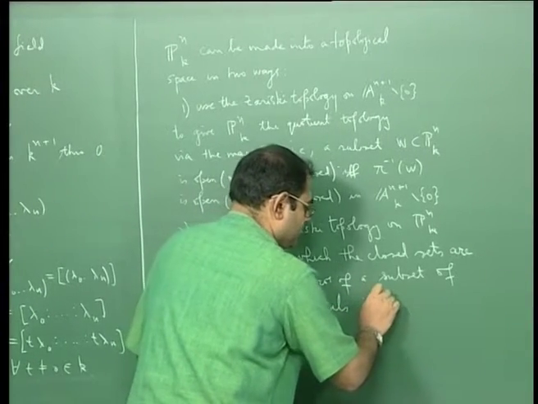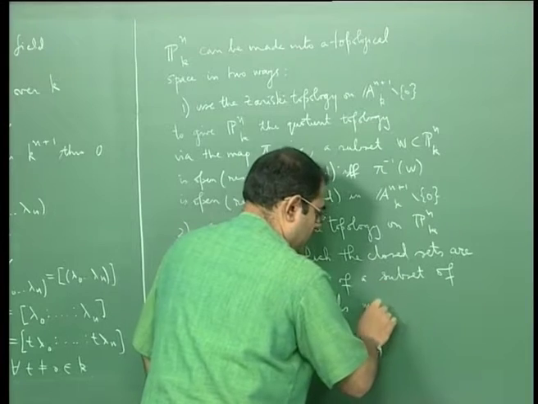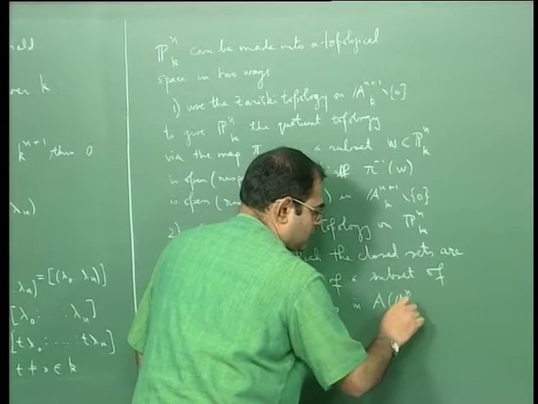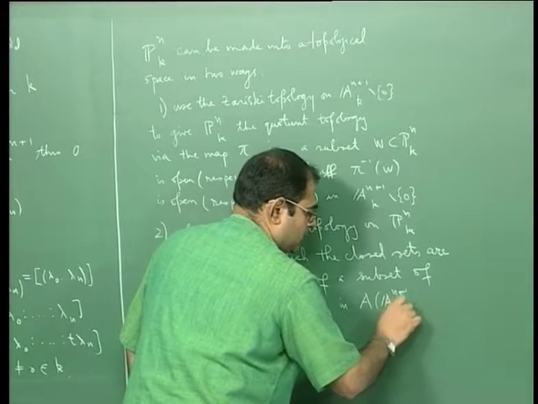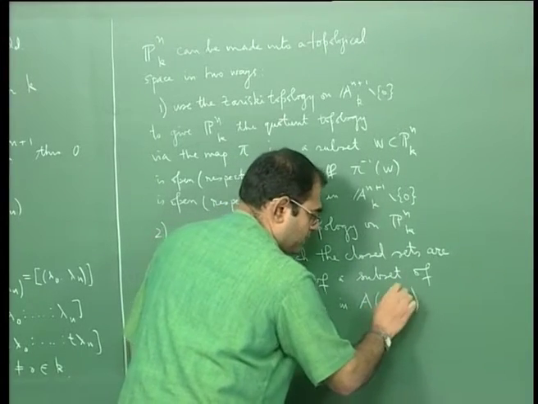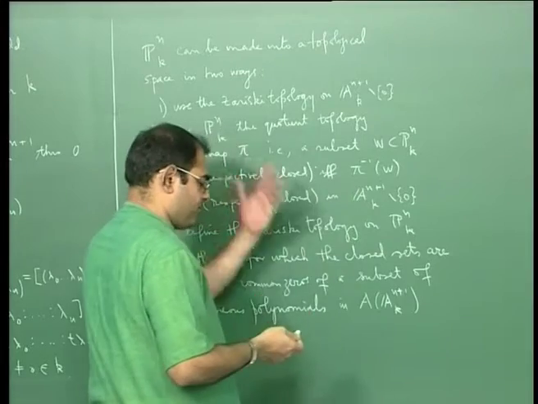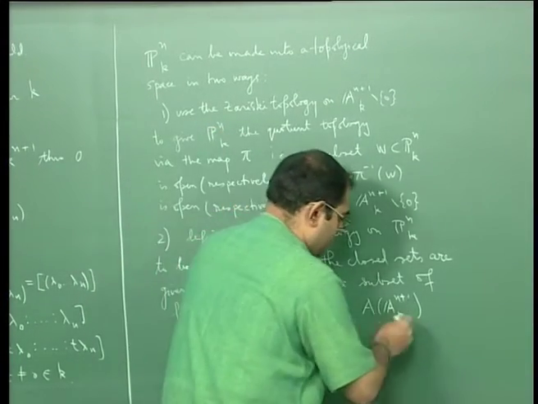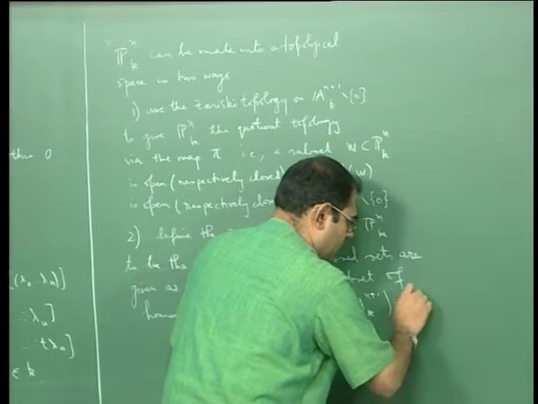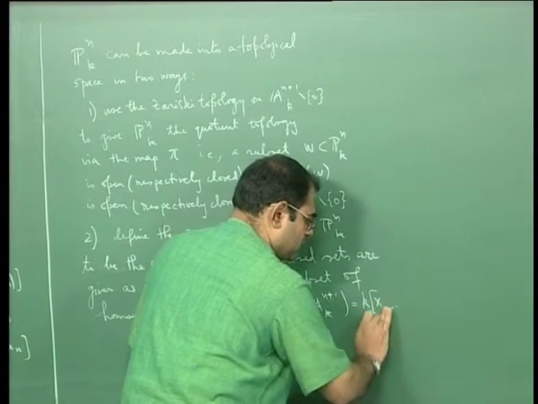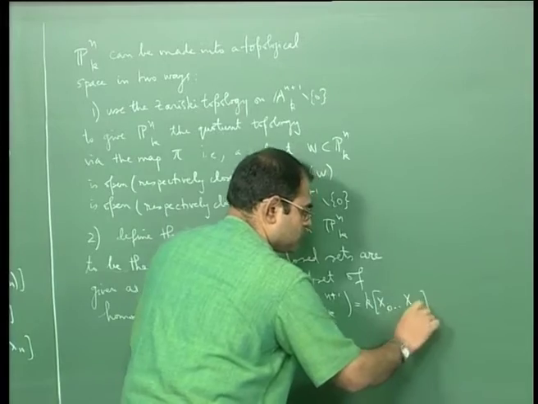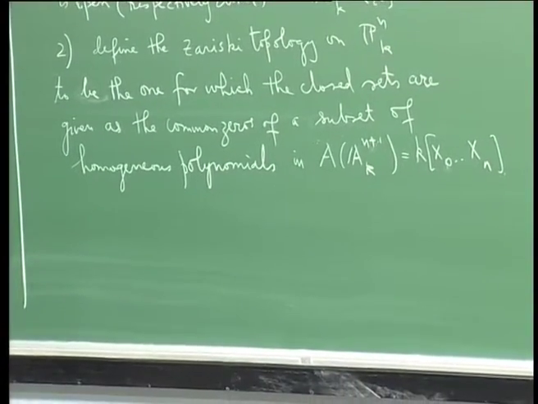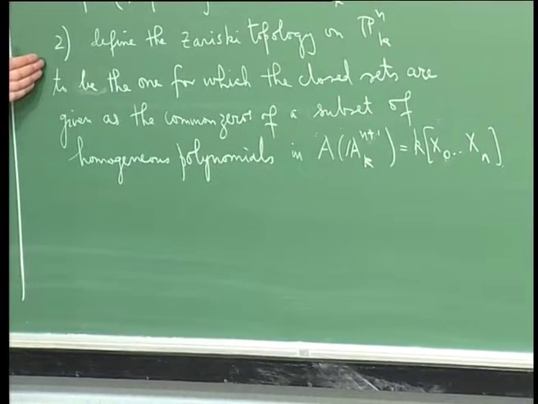All the functions on the affine space above, which is just identified with k^(n+1) minus the origin. So you can define another topology on the projective space.